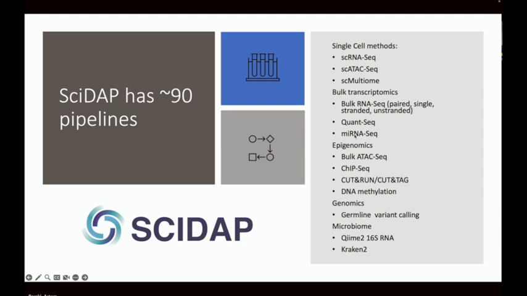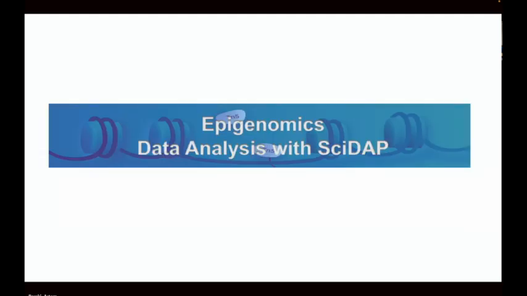Quant-seq data, microRNA sequencing. For epigenomics, we have bulk ATAC, ChIP-Seq, CUT&RUN, CUT&TAG, DNA methylation, germline variant calling pipeline, and we're also going into microbiome, adding pipelines for both 16S and shotgun sequencing.